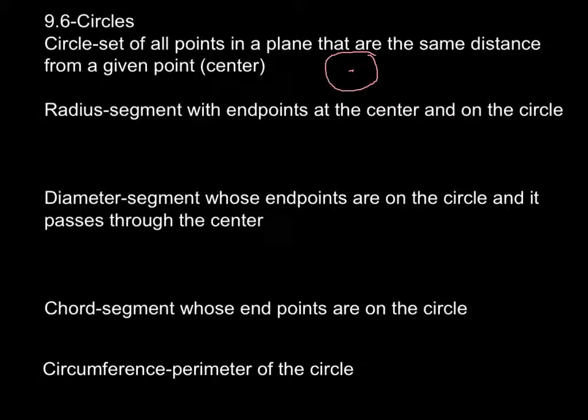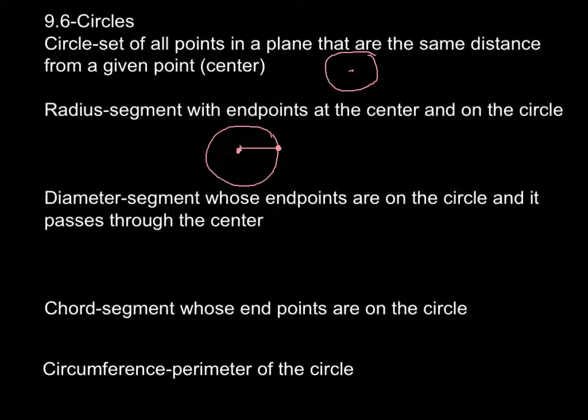All right. Our radius is a segment. Again, we know what a line segment is. It has two endpoints, with endpoints at the center and on the circle. So if we have our circle here, our radius is going to have an endpoint at the center, and at the outside of the circle.